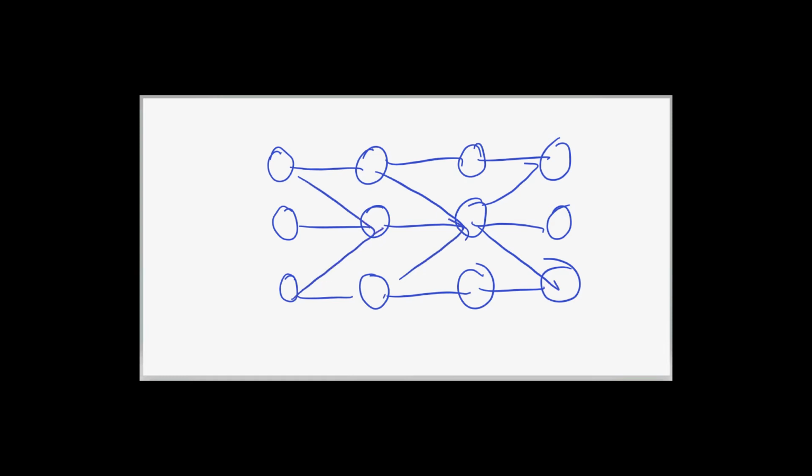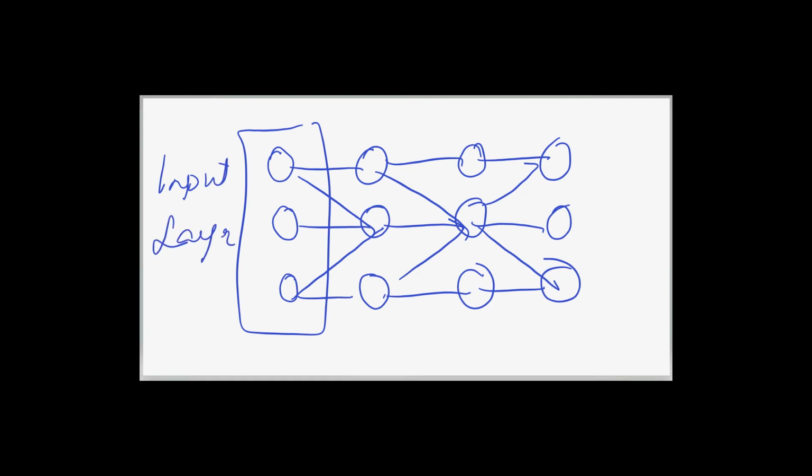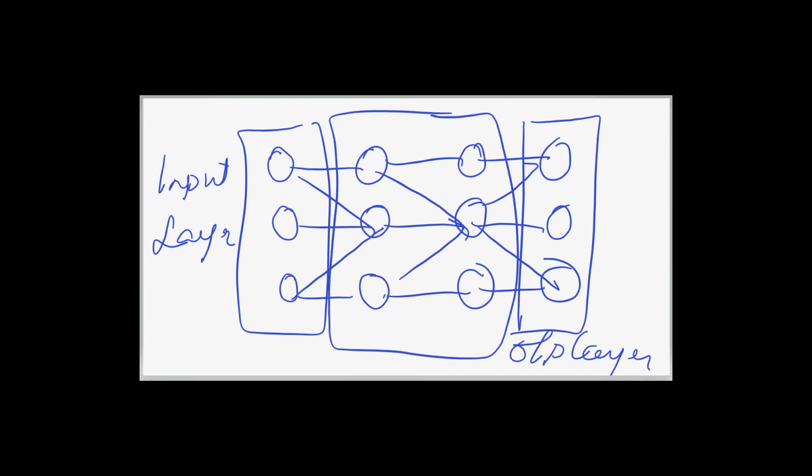By combining such simple perceptrons into a network of nodes, we create what is called an artificial neural network. Now the set of inputs is called an input layer and the outputs an output layer, and the ones in between are called the hidden layers.